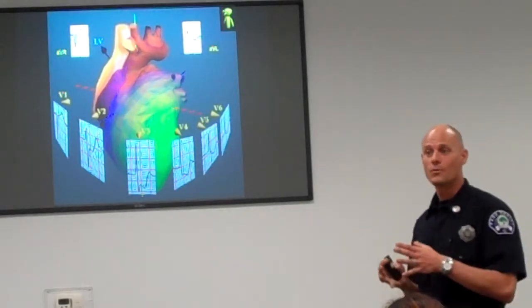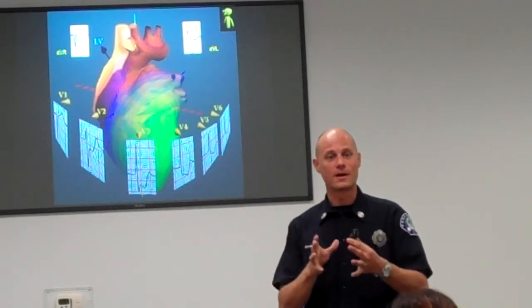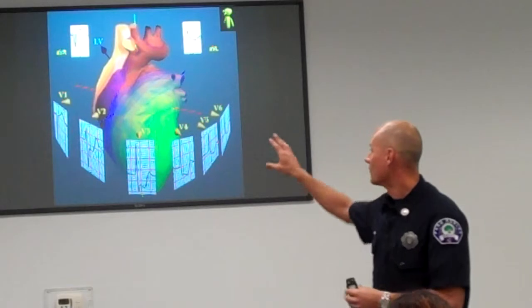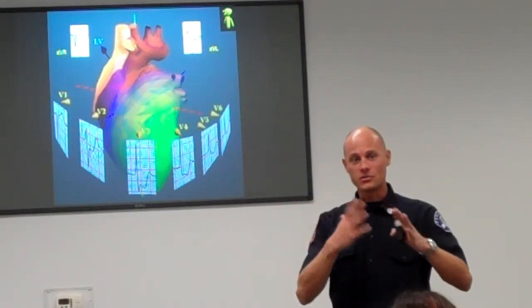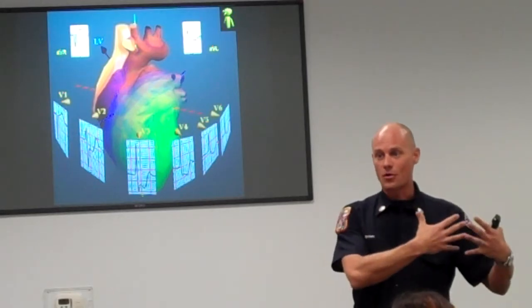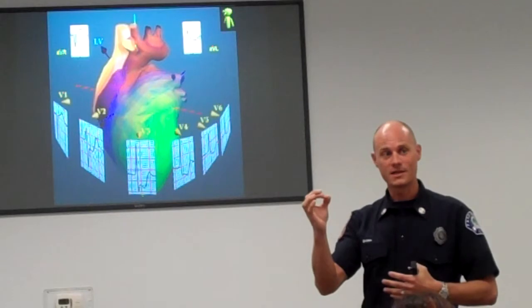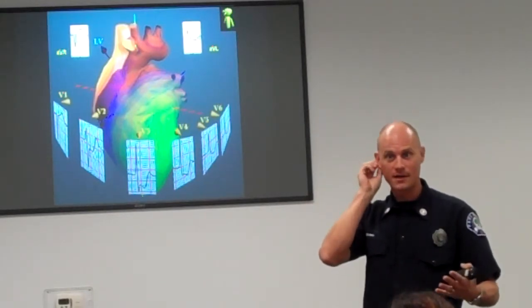Okay, so when we think about 12 leads, this next portion here is nothing more than a reminder to you guys for proper placement. Once again, when we look at the location of the leads here, you can see that each lead looks at a specific part of the heart. So if that lead is improperly placed, we're not looking at the part of the heart that it's designed to look at.